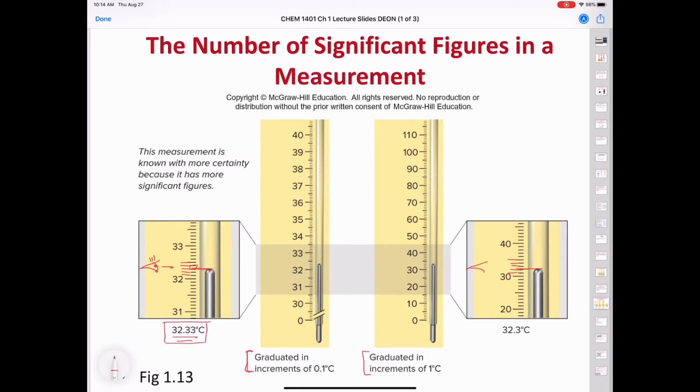So the reader reads from the top of the meniscus and sees 32.3 degrees Celsius. So the take-home message is that the measurement on the left is known with more certainty because it has more significant figures. 32.33 degrees Celsius has 4 significant figures, and 32.3 only has 3 significant figures.